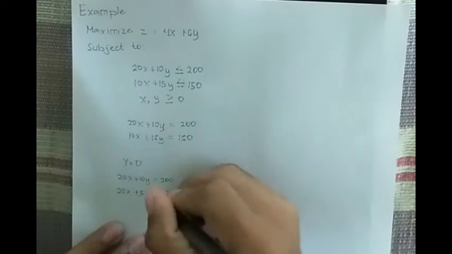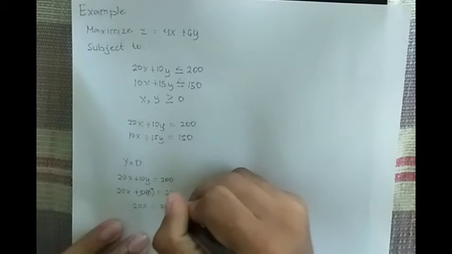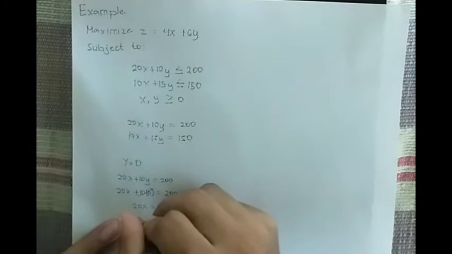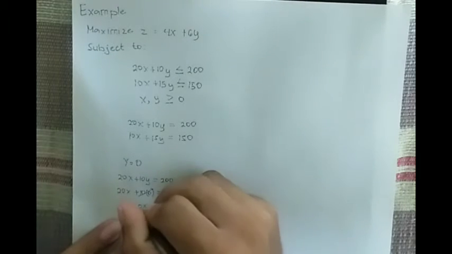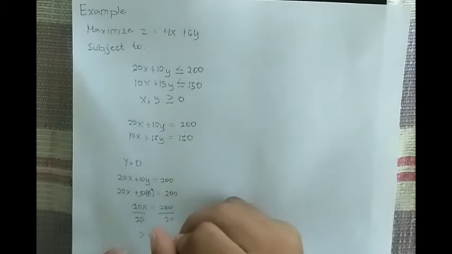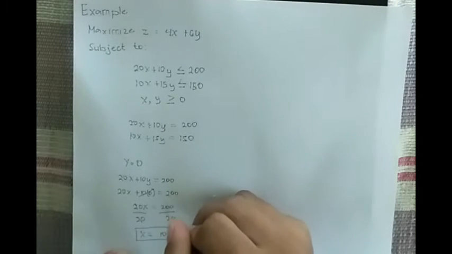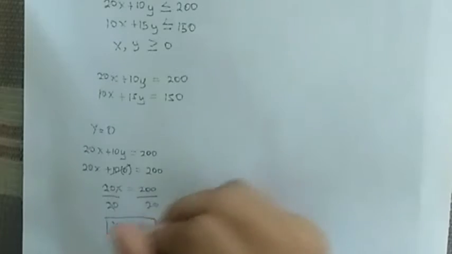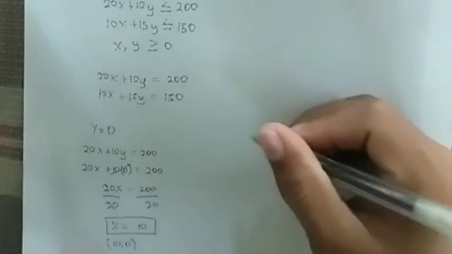Then cancel out. 20x is equal to 200. Divide both sides by 20. Cancel. x is equal to 10. And we have the coordinates 10 and 0.